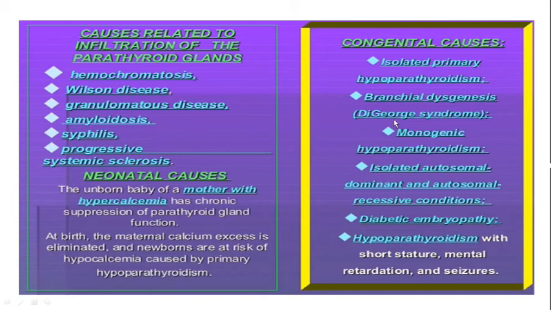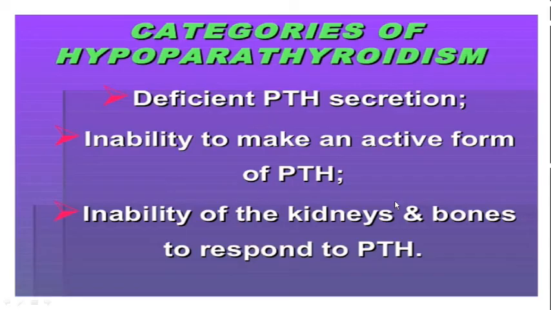Congenital causes: a very common one is DiGeorge syndrome, which can be because of a mutation on chromosome 22. Then you have isolated autosomal dominant and autosomal recessive conditions, diabetic embryopathy, and hypoparathyroidism with short stature, mental retardation, and seizures. These all form features of DiGeorge syndrome.